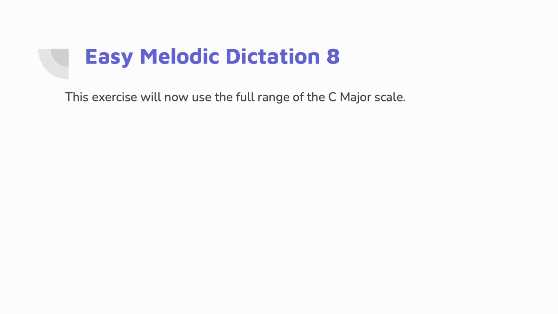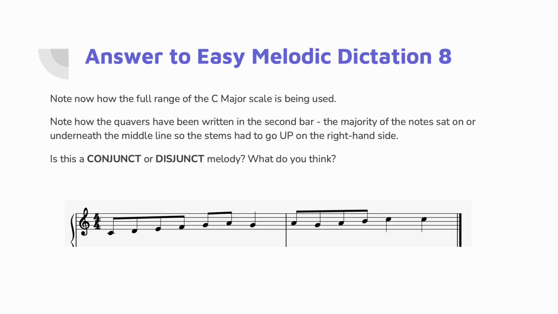Easy melodic dictation number 8 will now use the full range of the C major scale. Note how the full range of the C major scale is being used in this melody.